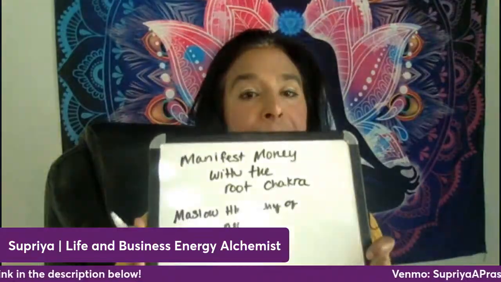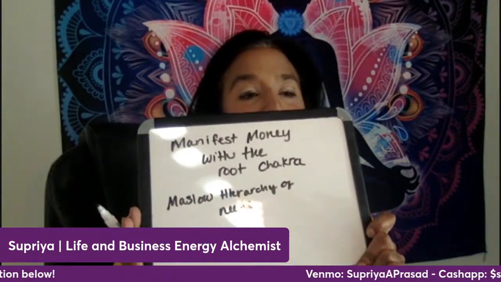The base of that pyramid is what they call survival. And that's what the root chakra is, survival. All right? It's survival. So the base of the Maslow's hierarchy of needs, okay? That's the root chakra. That's literally the root chakra.